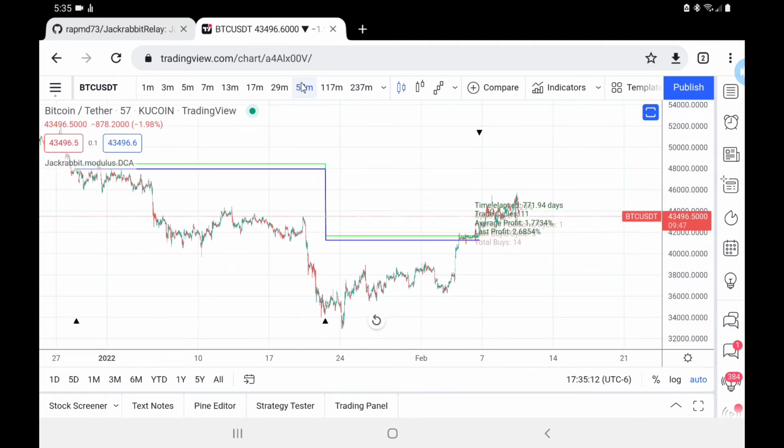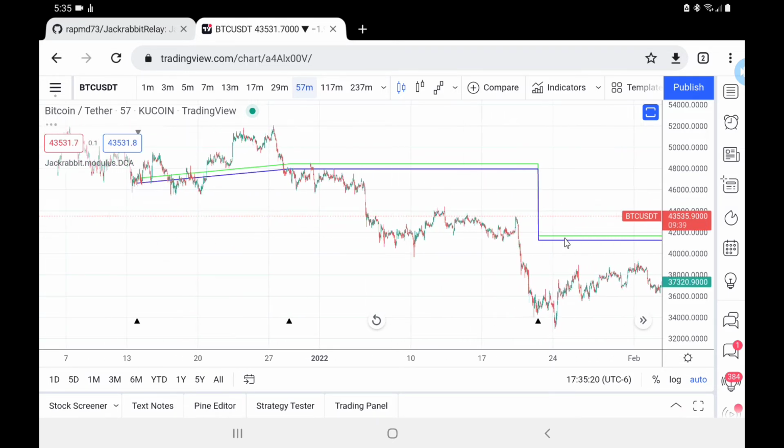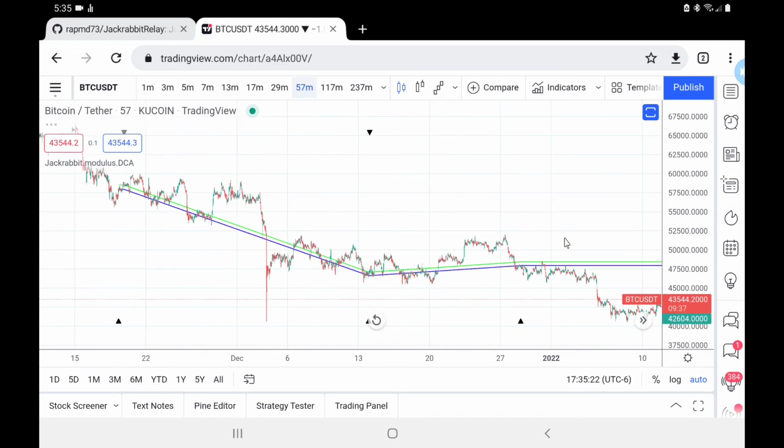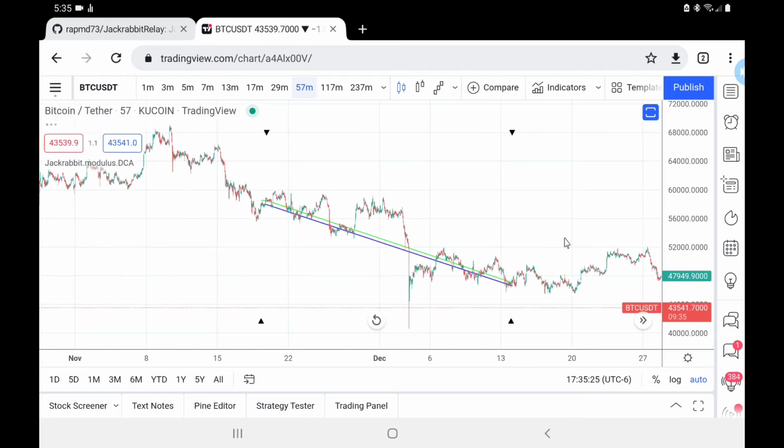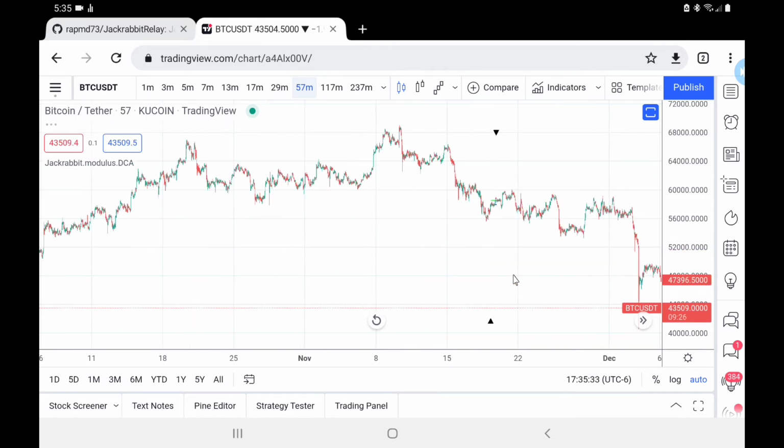Here it is on the roughly 1 hour time frame. Very limited exposure still, and a reasonable amount of trade cycles. But even with this market meltdown, notice it's avoiding it quite generously. That's the important part.